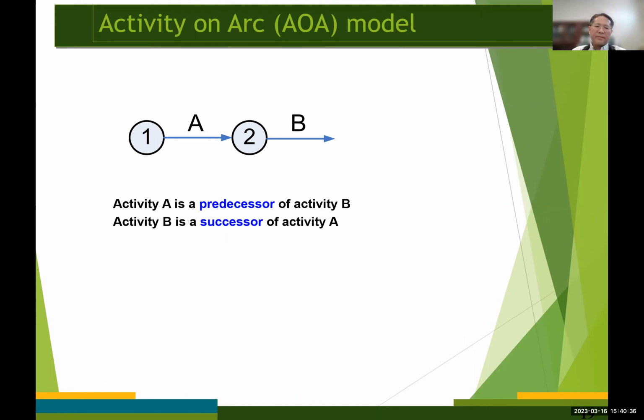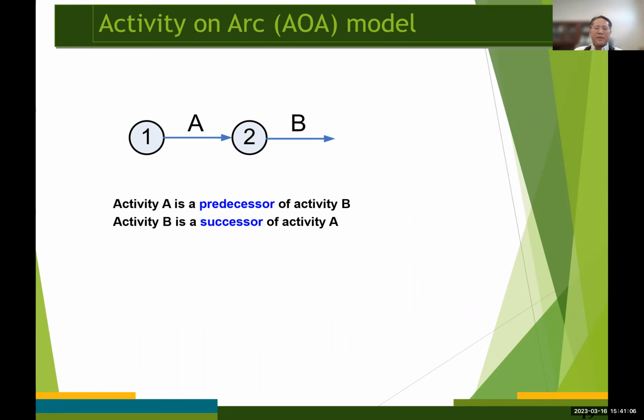The project network indicates the order in which the activities or tasks may be performed. To understand how an AOA network, an activity-on-arc network, represents the precedence relationship, let's consider a simple AOA network model like this.